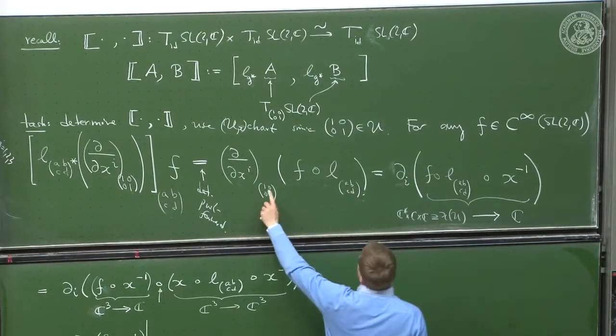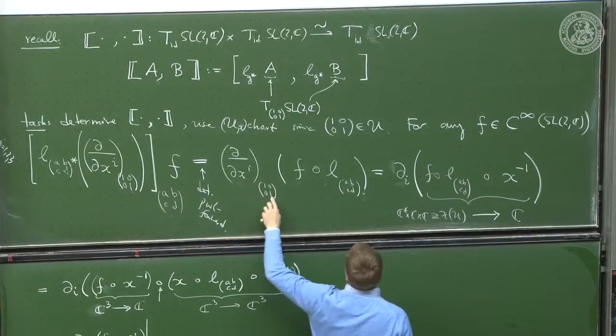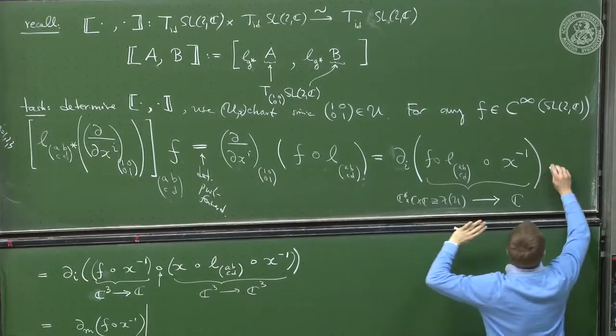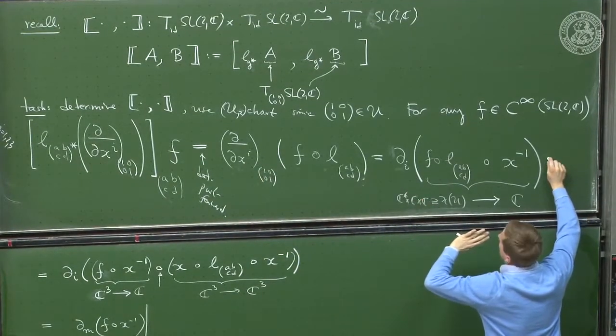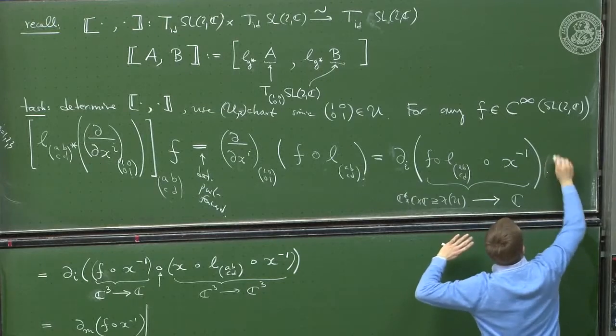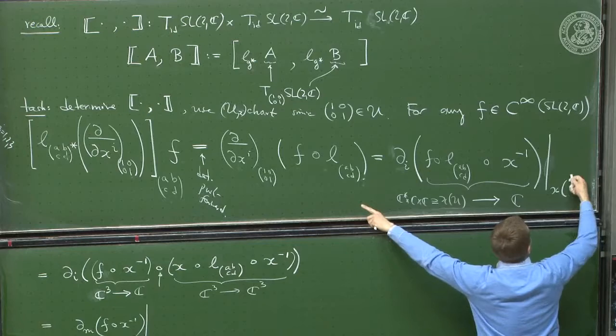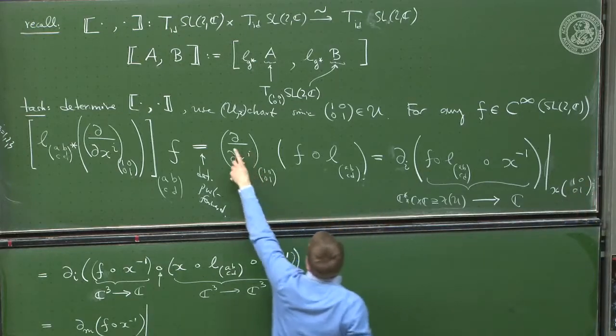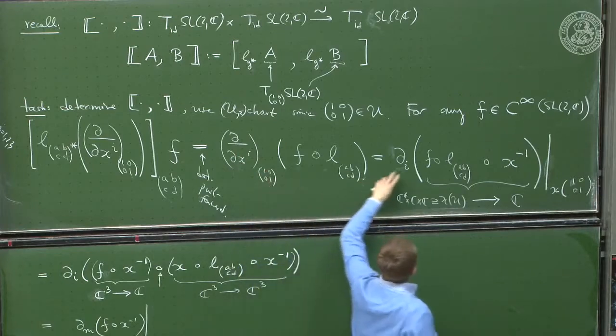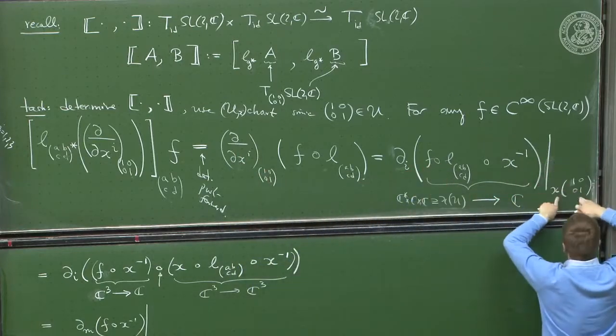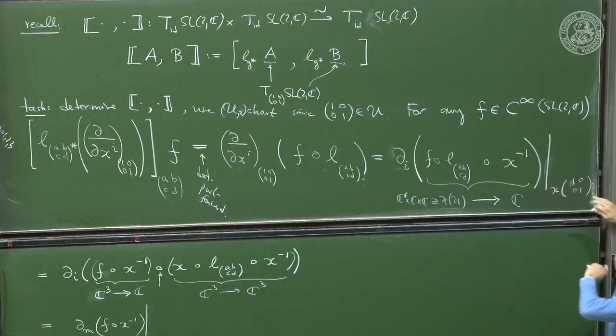this is the vector there, and the full definition of this guy is that it then evaluates at the point, so it evaluates at x of 1, 0, 0, 1. Right? If there's a del by del xi at the point P, then this is evaluated, in the chart, at the coordinates of that point.